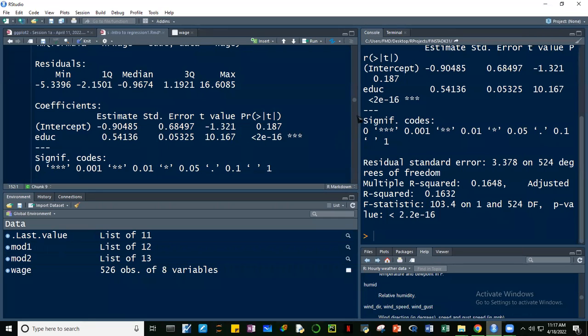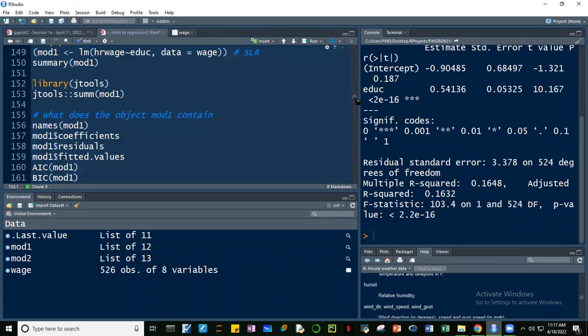Hindi siya equal to 0. And in fact, the p-value is significant at the 0.001, at the 0.1% level of significance. Okay, all right.